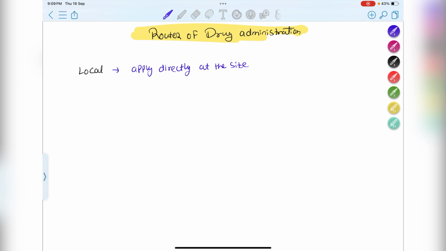In this, you can see two kinds of ways. First is topical, another is intraocular.